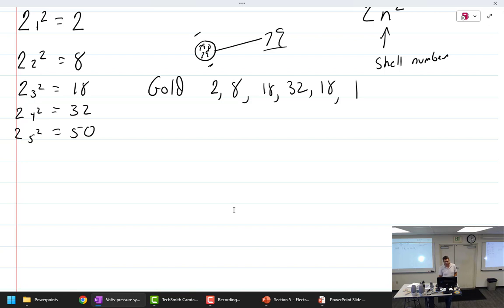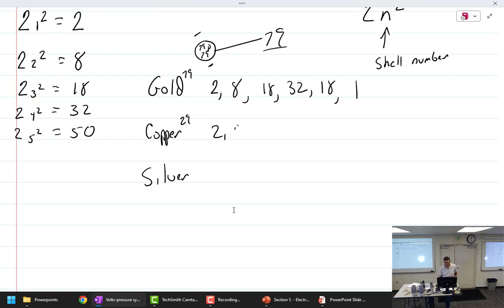What's another good conductor? Copper. And I heard silver, and those are the only ones I know. So copper, by the way, has 29 electrons. Gold was 79, copper is 29.